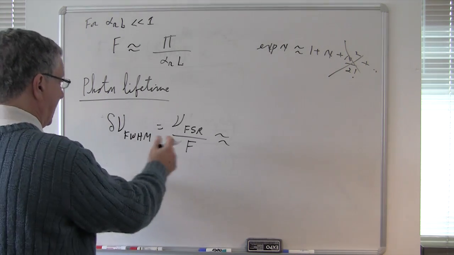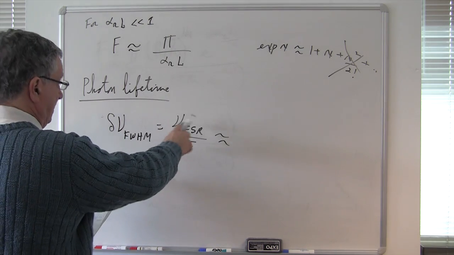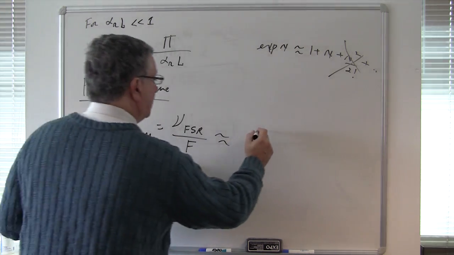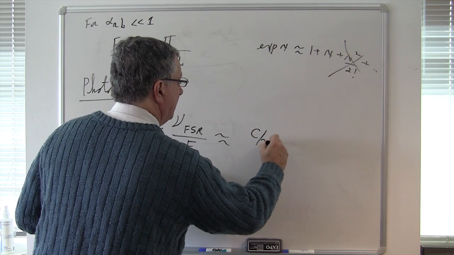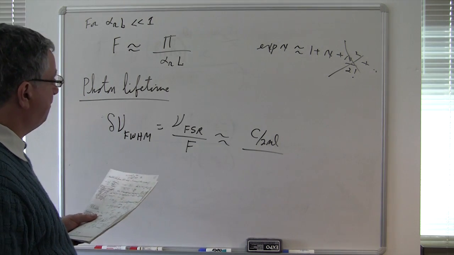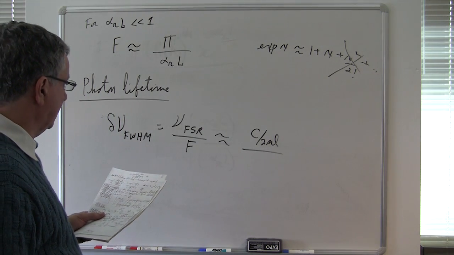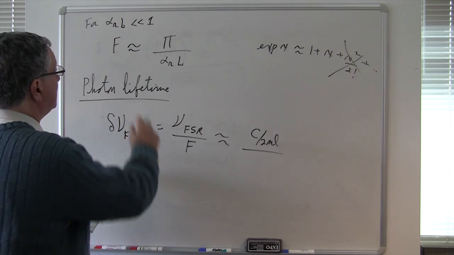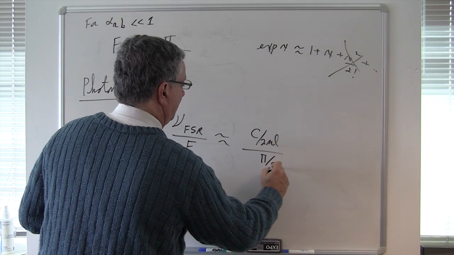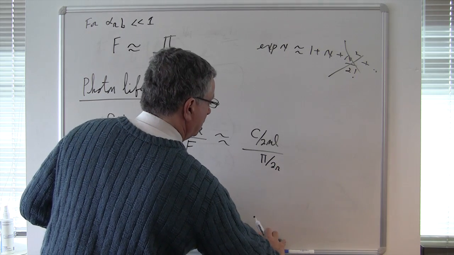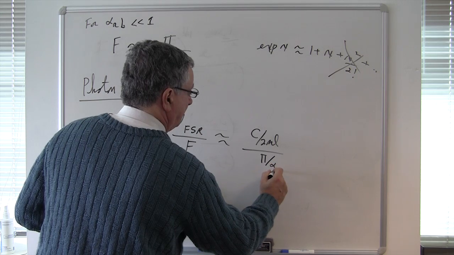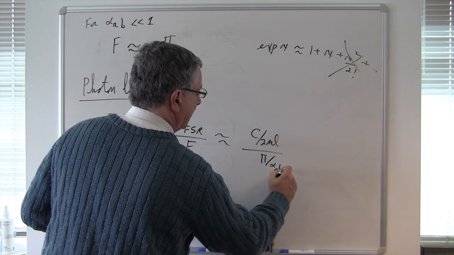So in that case, you can write nu free spectral range divided by F. Nu free spectral range is always c over 2nL, L being the distance between the two mirrors, and F we've seen is equal to pi over alpha R L.